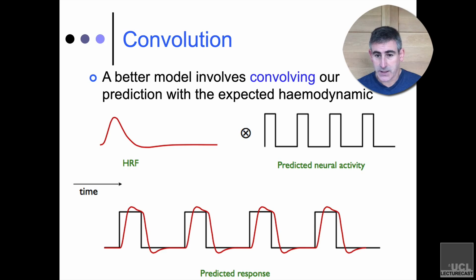And when you combine them, when you smooth the paradigm with the hemodynamic response function, you move from just having this block of on and off that's shown in black on the bottom to this kind of smoothed, increasing, decreasing paradigm in red that is your model of the paradigm, including your estimate of how the blood flow is going to affect the signal that you're actually recording.